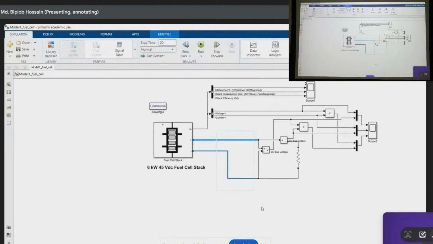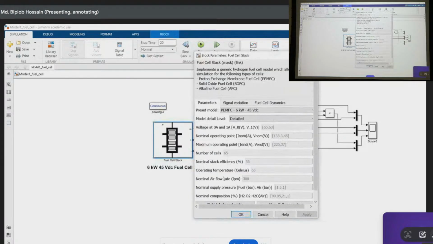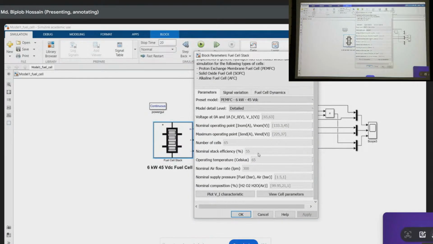Okay, for this one, the same circuits actually, here we see there is a measurement terminal. So if we want to see the measured parameters, different parameters of this fuel cell stack, like what is the utilizations. So if you click here, at the bottom side, there is a measure.